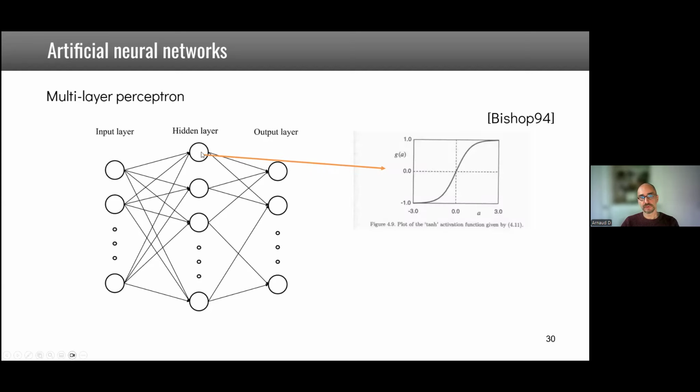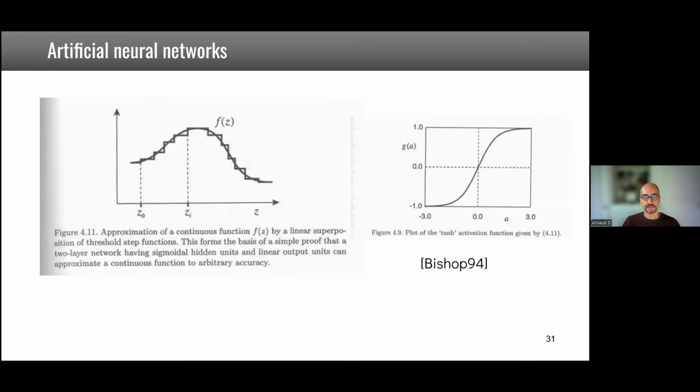And on this neuron, you will have a so-called activation function, okay? This function typically looks like that, and it's a nonlinear function. So by introducing these nonlinear activation functions, I'm introducing a nonlinear relationship between my input and my output, okay? This threshold or activation function makes the input relationship nonlinear.